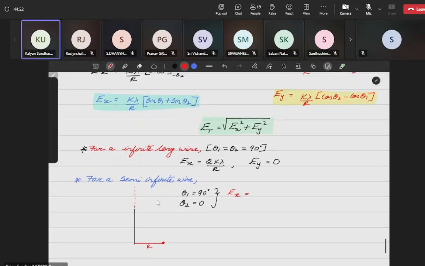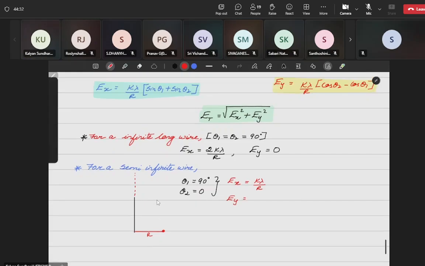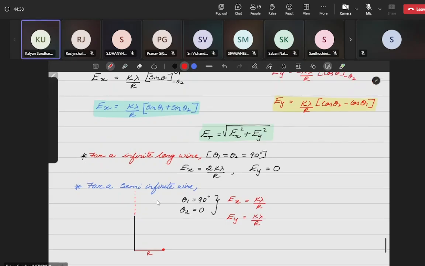So E along X will be K lambda by R, and E along Y will be K lambda by R.